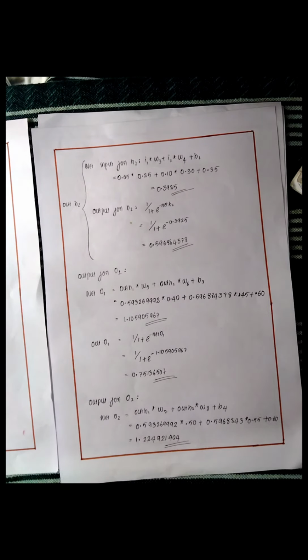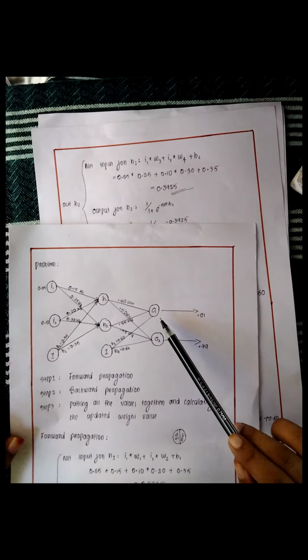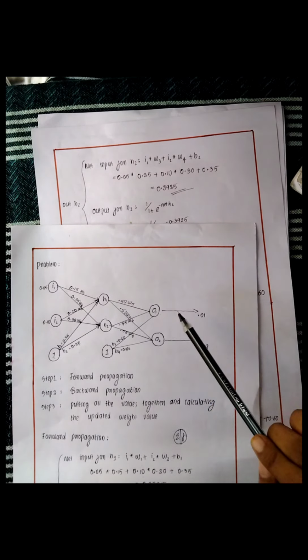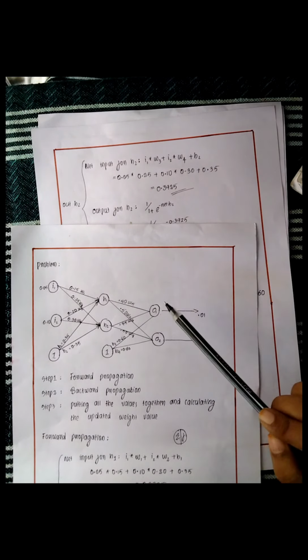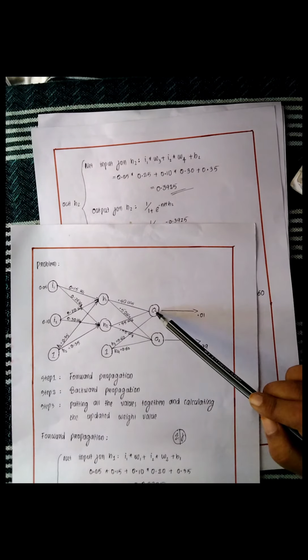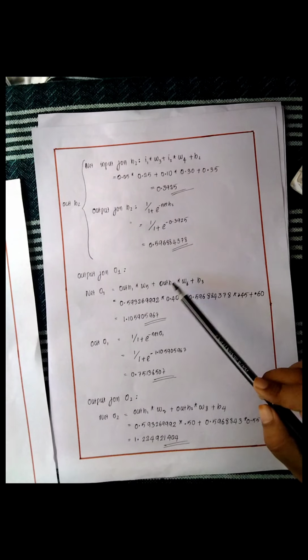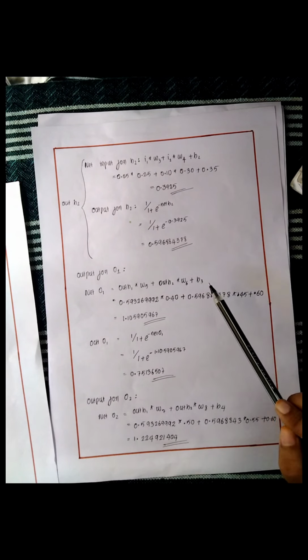Then we repeat this process for the output layer neurons, using the outputs from the hidden layer neurons as input, starting with the output of O1. O1 is getting input from H1 and H2 and the bias, so net O1 is output H1 into W5 plus output H2 into W6 plus bias 3.